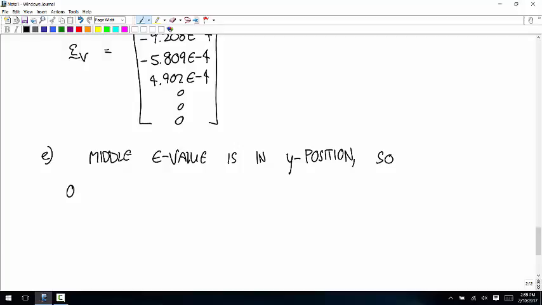And so the rotation matrix Q is equal to 0.7071, 0, negative 0.7071, 0, 1, 0, 0.7071, 0, 0.7071.